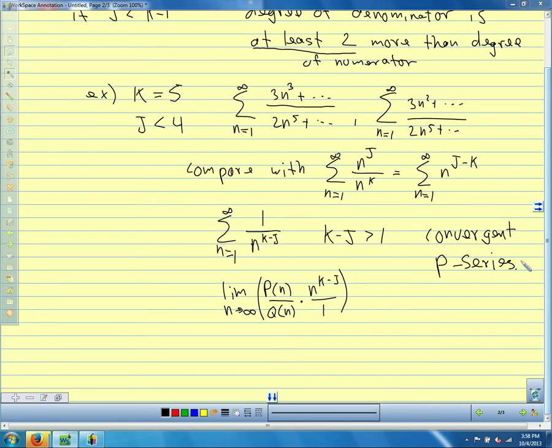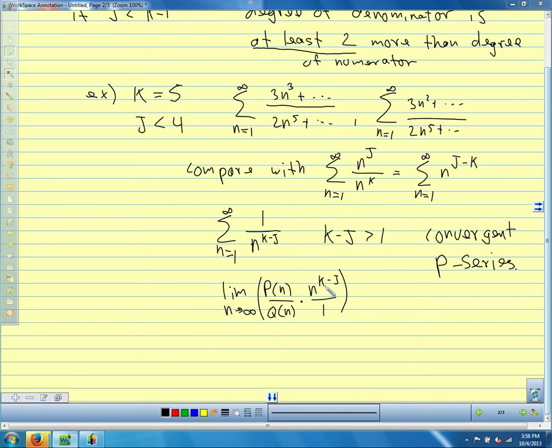And the highest degree in the numerator is going to be k, and that's going to be the same as the highest degree in the denominator. So in the example we used, the degree of the denominator is 5, k minus j is 2, and the degree of the numerator is 3.